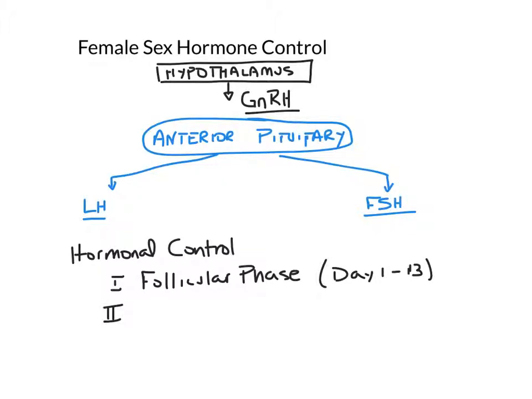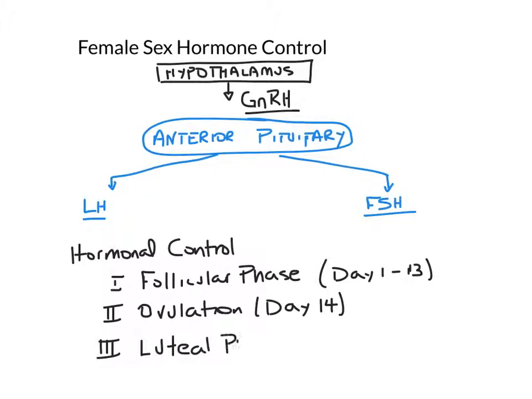The second one is ovulation, which is when the egg is released, and that is typically in an ideal 28-day cycle at day 14. And then the third is the luteal phase, which typically lasts day 15 to 28.